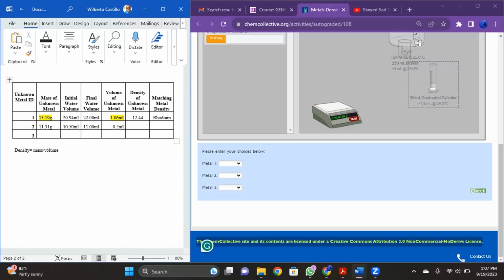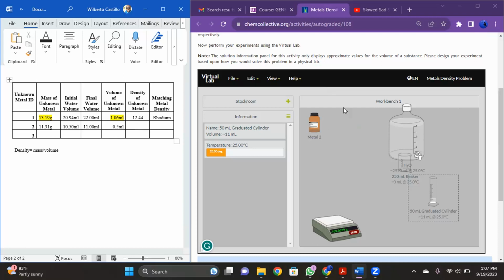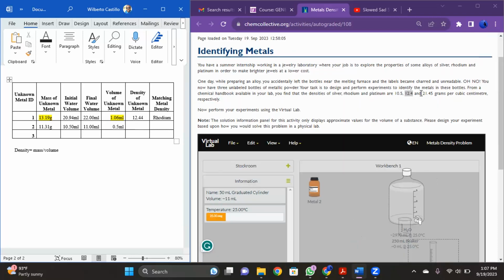Then calculate the density once again, which is going to be 11.31 divided by 0.5. That gives us 22.6. If we look here for anything to match, the only matching one is the heaviest one, which would be platinum. So we could say this one is platinum.